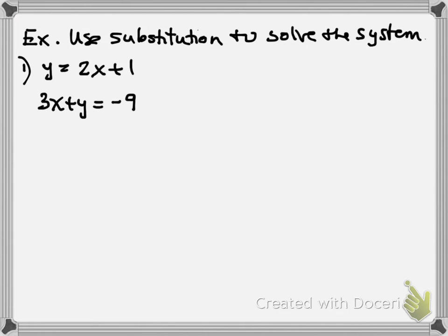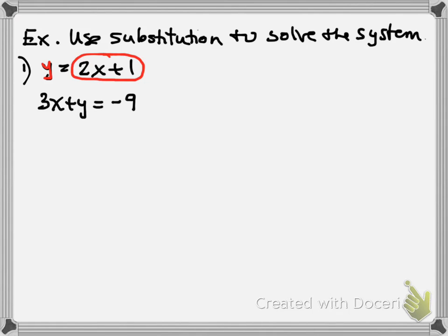Straight away my brain says, oh, this is perfect for substitution, because look at your first equation. y is already by itself. True that I could get y by itself in the second equation, but I don't want to do extra steps if I can help it. So I identify the variable that's by itself, and what has the same value as that y.